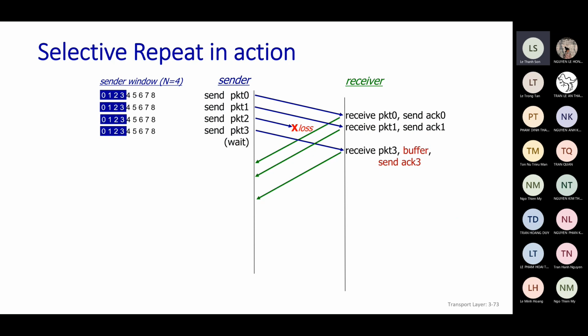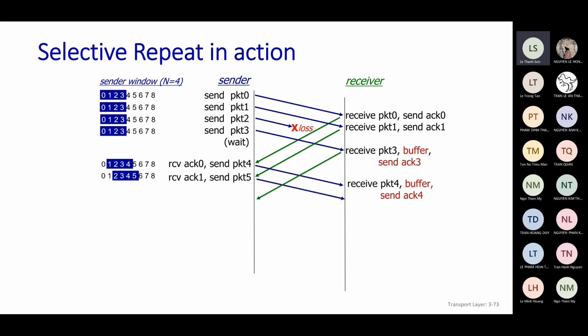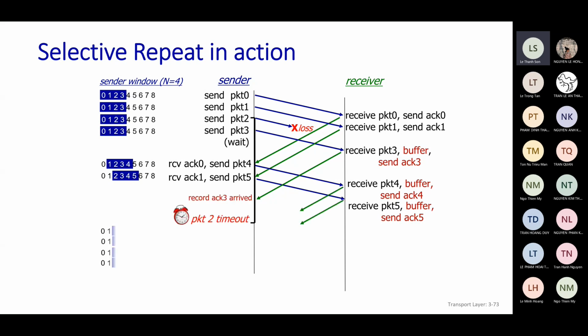But in practice, go back N is very popular because it's easier, and if your network is not really that unreliable, go back N is more convenient than selective repeat.